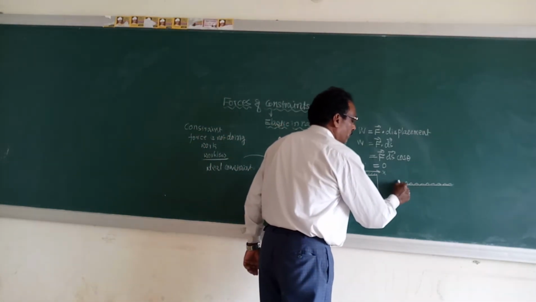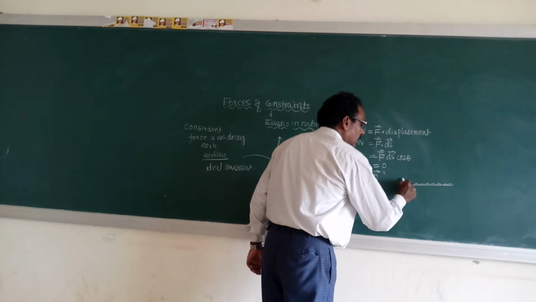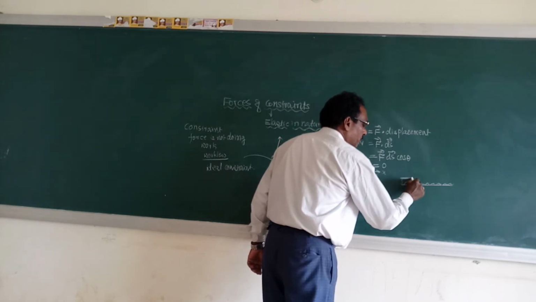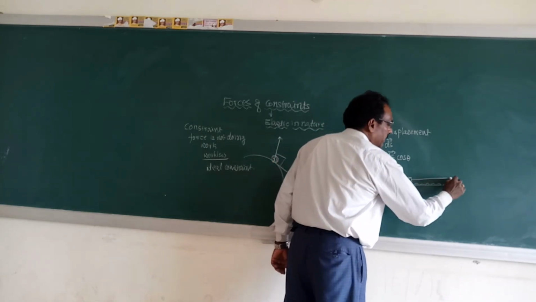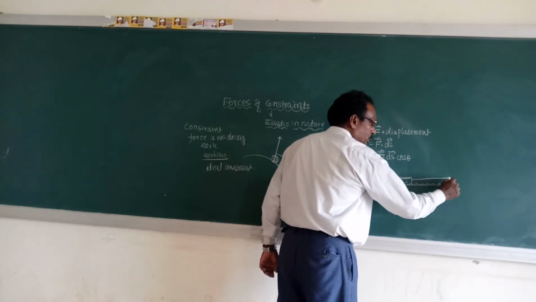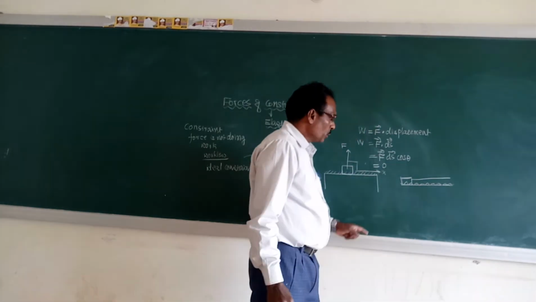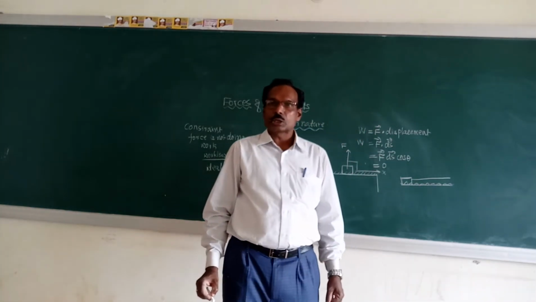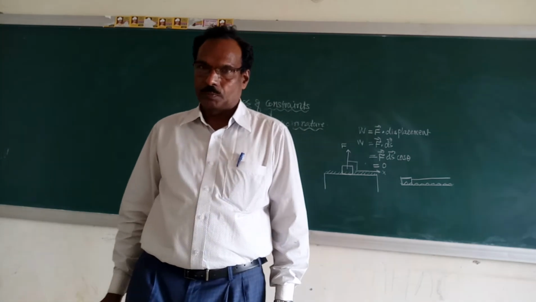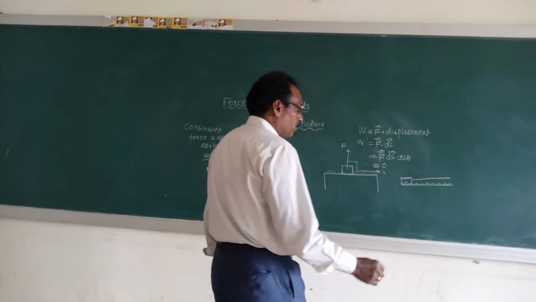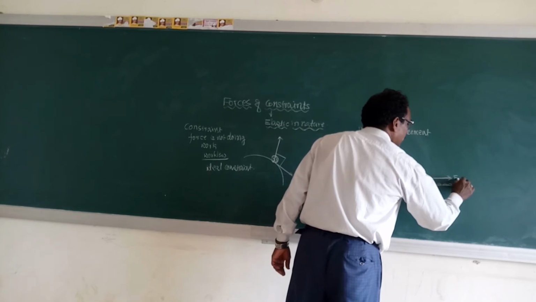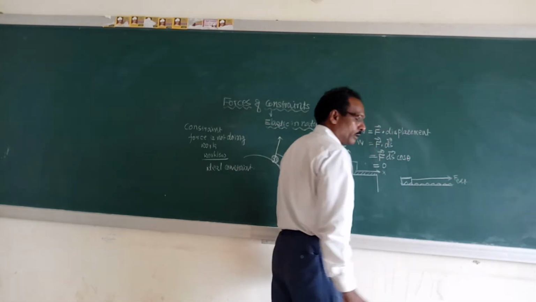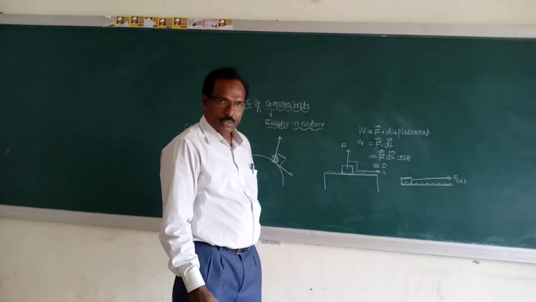Now, if we keep a body on this surface and pull it in this direction, that means we are applying an external force. This is F external, the external force we are applying.